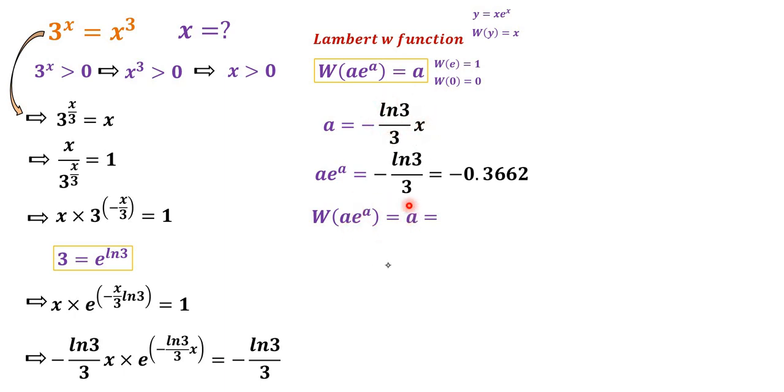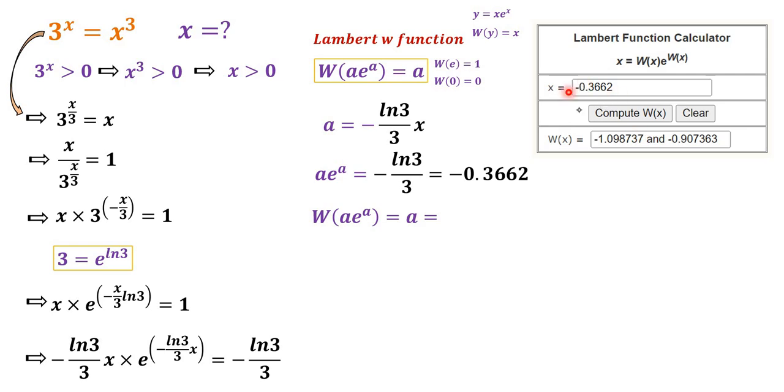So here we directly bring up the Lambert's W function calculator. So right here, if we put the argument, x is equal to negative 0.3662, and we click compute, we get two values of the function.